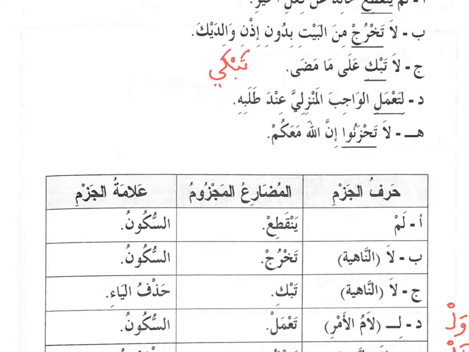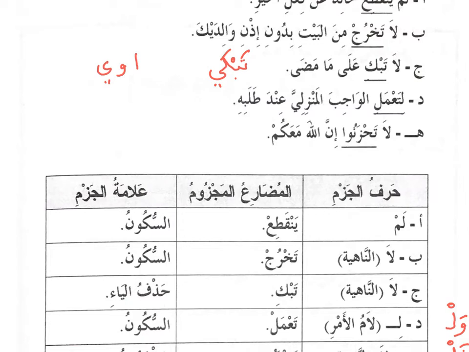As we have seen in previous lessons, this ya is one of the problematic letters. There are three problematic letters, what we call the huruful illa: the alif, the waw, and also the ya. So what is going to happen if we have huruful jazm before this kind of fi'l?